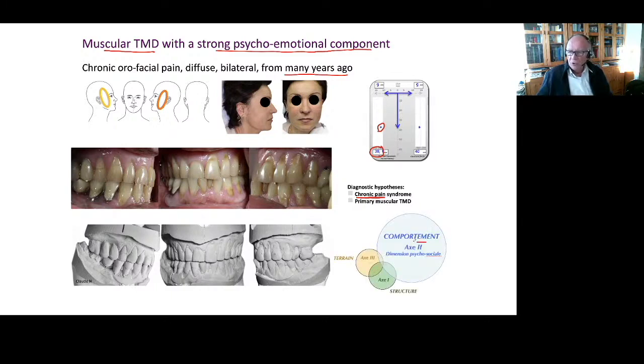The axis 2 here is the main problem. And before saying to the patient, oh, we have to make a lot of dentistry, to make surgery, perio surgery, to make orthodontic treatment and prosthetic treatment on all the teeth.